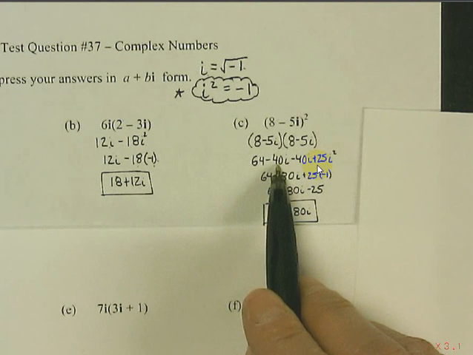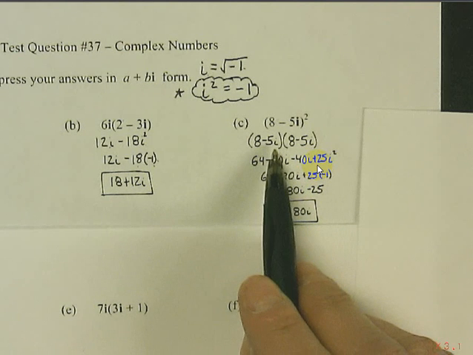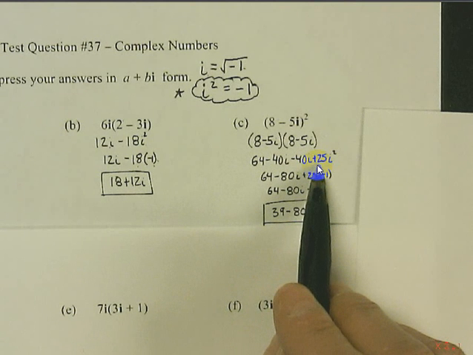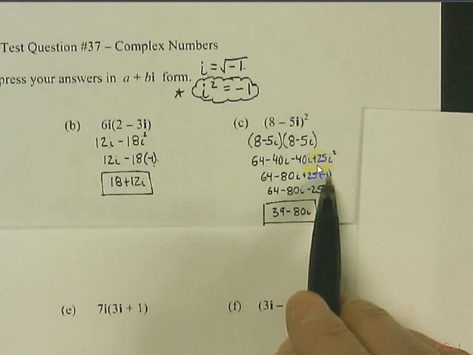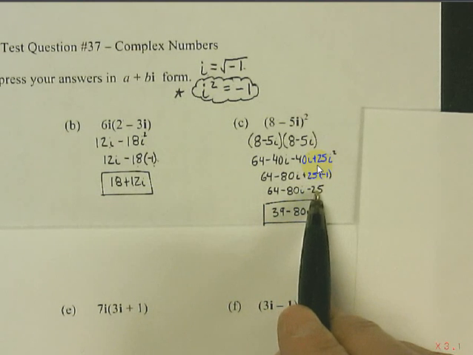And we get the negative 40i, negative 40i. And the last terms, be careful on this, is a negative 5i times negative 5i, positive 25i squared. Once again, that i squared is a -1. So 25 times -1 just gives you a -25. It's just going to flip that sign.